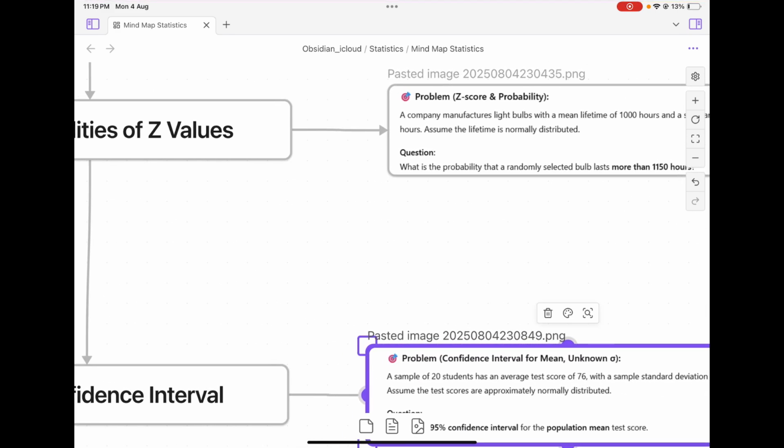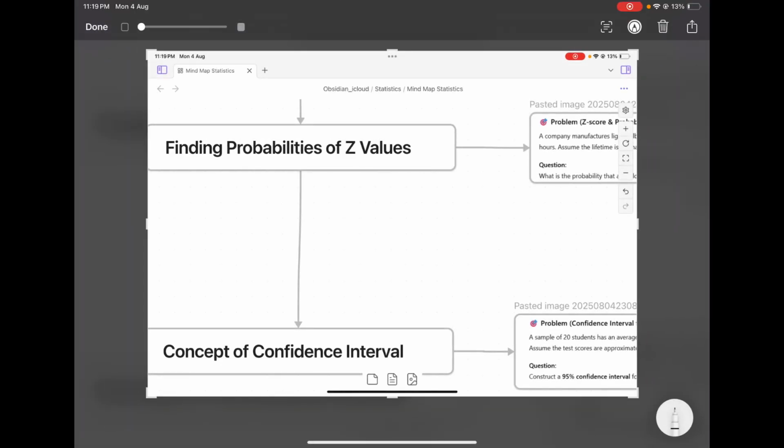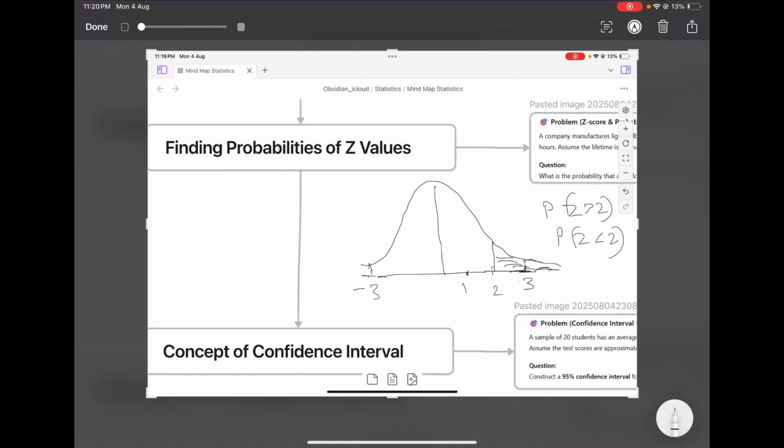So this is how, once more, let us see. You have a normal distribution. First you will find the Z value, and we will locate here the Z value corresponding to 3, and this is minus 3. It can be 1, and if it is 1 it can be 2, etc. If you want to find the probability, for example, of Z greater than 2, this corresponds to the area here, and Z less than 2 corresponds to this area.